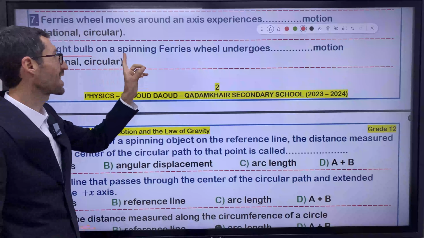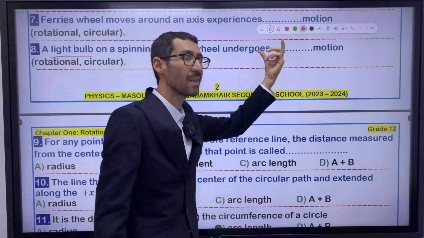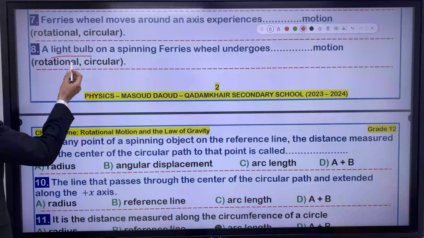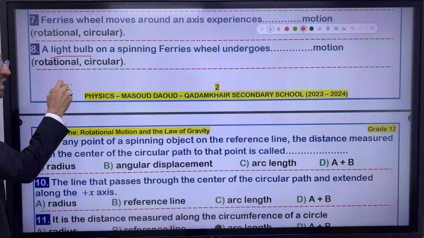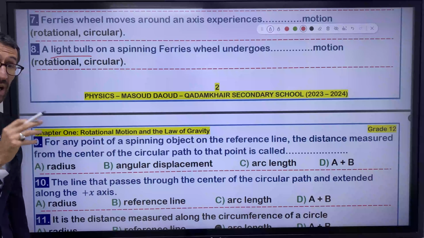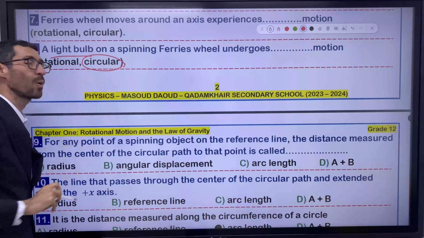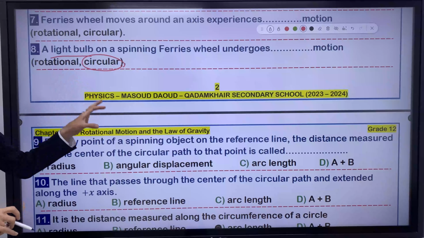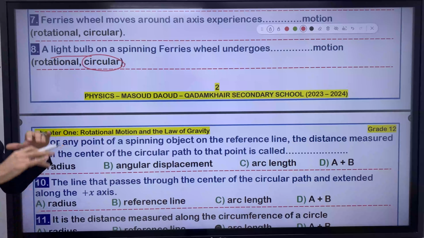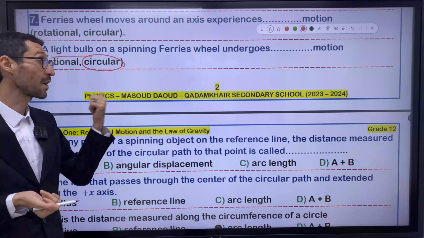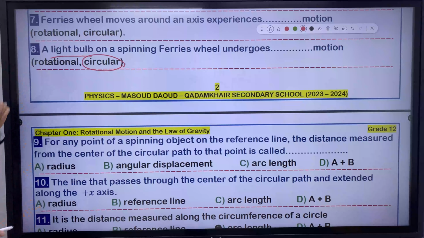A light bulb on a spinning Ferris wheel undergoes which type of motion? Fill the gap for me. Because it says a light bulb, it doesn't focus on the entire object. It focuses on only one point. That's why the motion of any point on a Ferris wheel or any point on a rotating object is circular, not rotational.